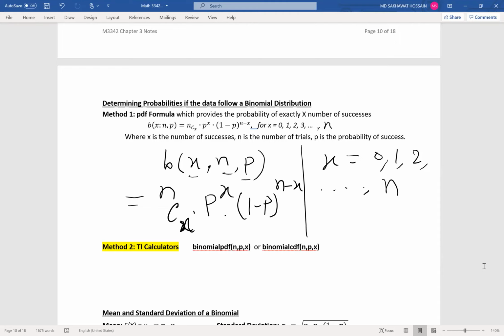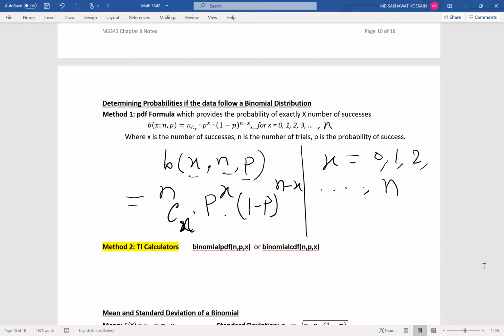So this is the function to find the probability from the binomial distribution. What does N C X represent? This is actually the number of ways you can get X successes.